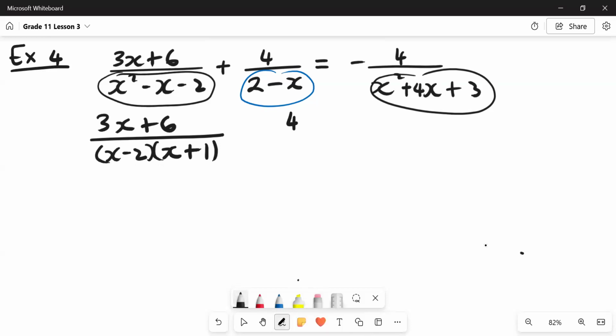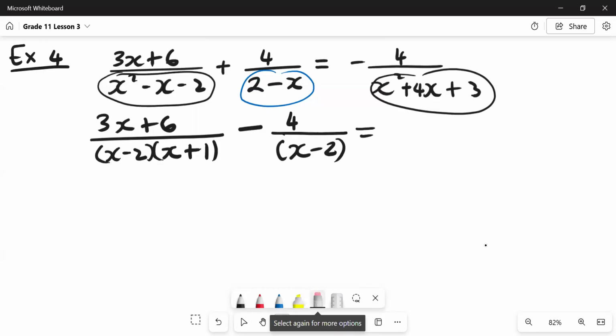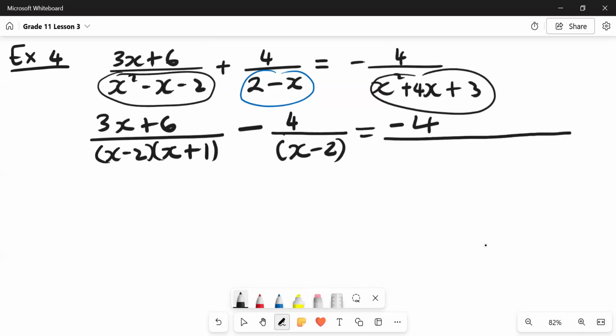So let's create a common bracket. Take out the common factor of -1, and we are left with x minus 2, so that these two brackets can be the same. That helps us get to our LCD so quickly. And then factorize here: you have your 4, which is negative, and you'll have x plus 3 and x plus 1.